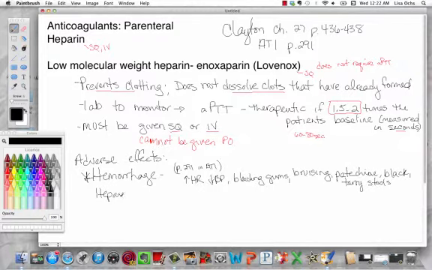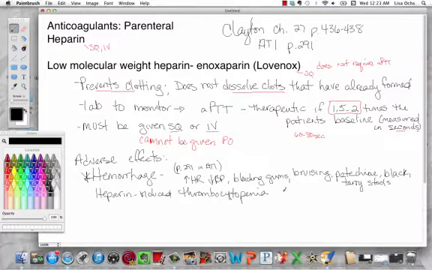Heparin-induced thrombocytopenia. So low platelet count due to the heparin. And low platelet count, again, the patient's at risk for bleeding.